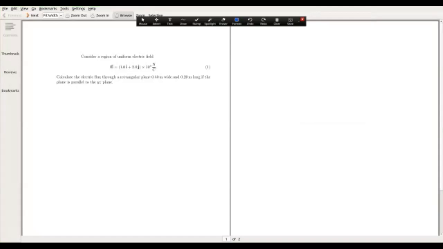Here we are trying to understand how to calculate flux. So let's have a coordinate system drawn for us. So that's our x direction for reference, and that's our y direction. So this is x, and that's y.